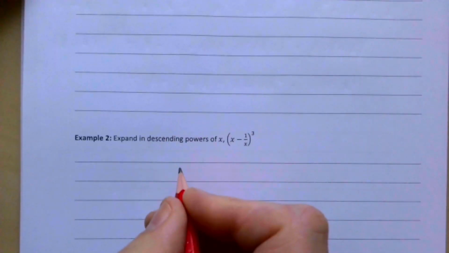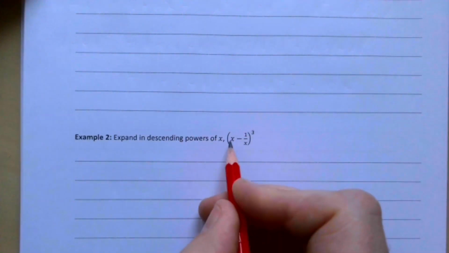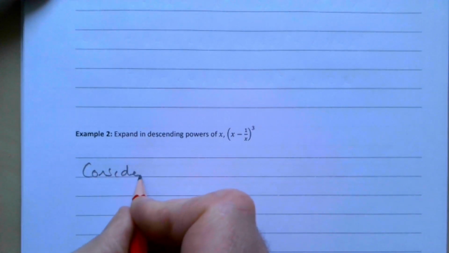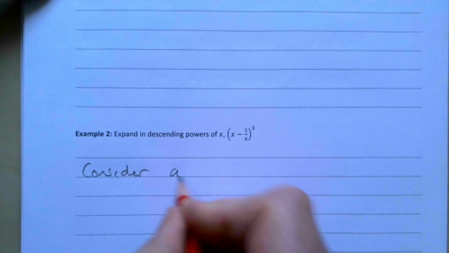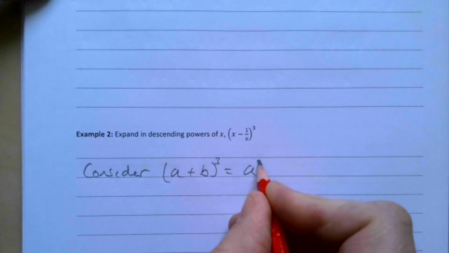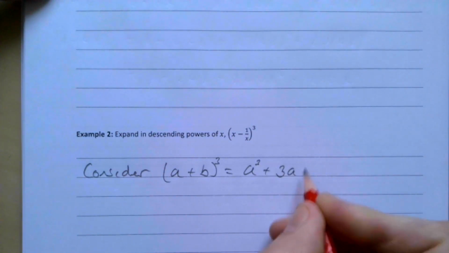This next one: expand in descending powers of x, (x - 1/x)^3. Again, we're going to consider (a + b)^3. So it's a^3 + 3a^2 b.